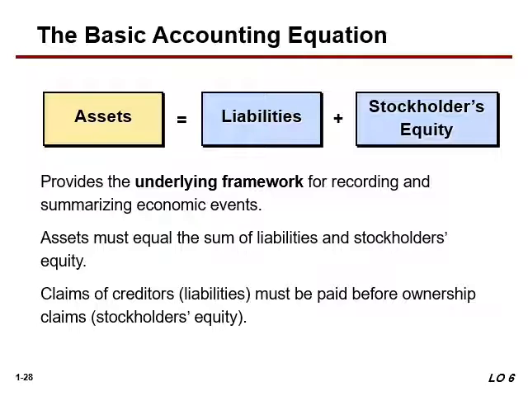We have to understand this basic accounting equation in the beginning of the accounting course, because all amounts on the left side should equal all amounts on the right side.